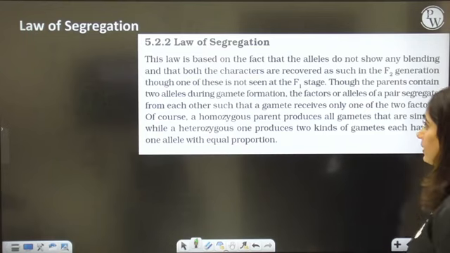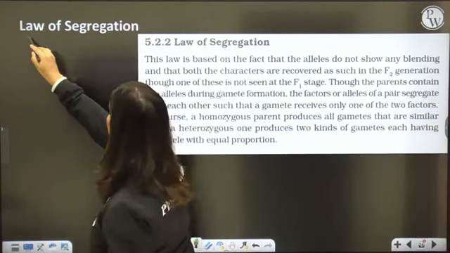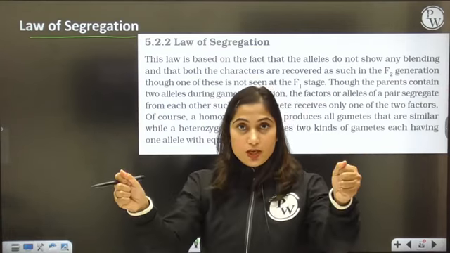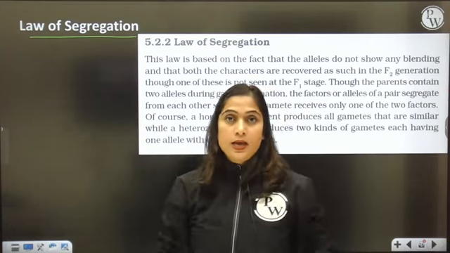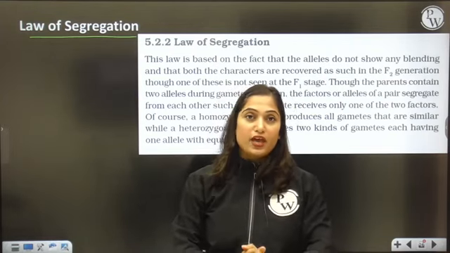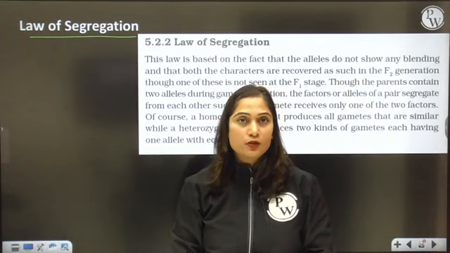Now let's move on to the law of segregation. Segregation means separation. Now we understand this: in the 11th class we have read the process of meiosis.